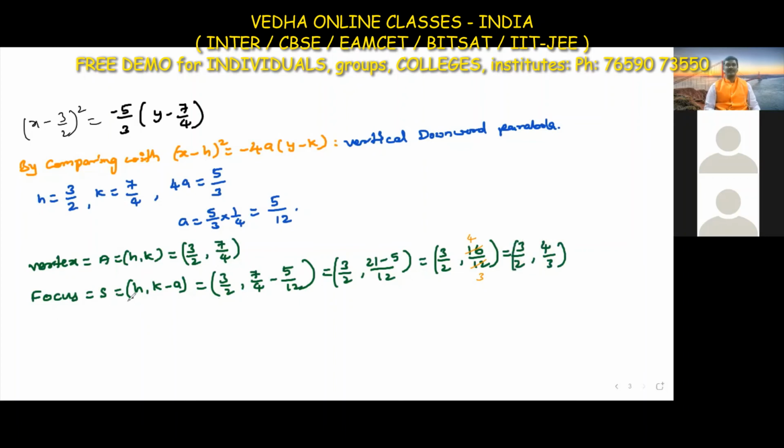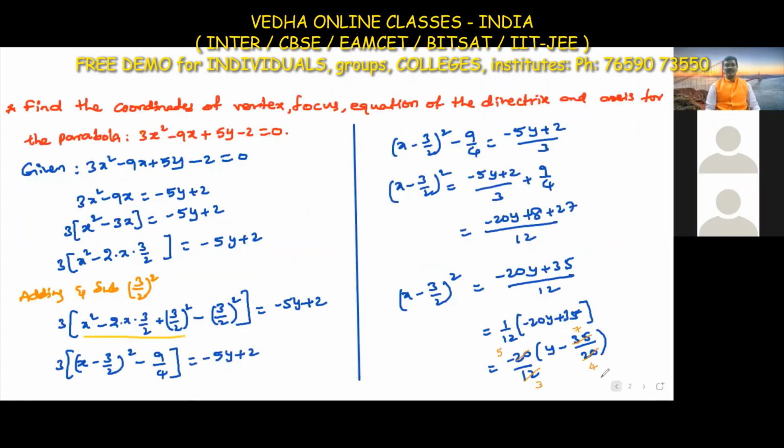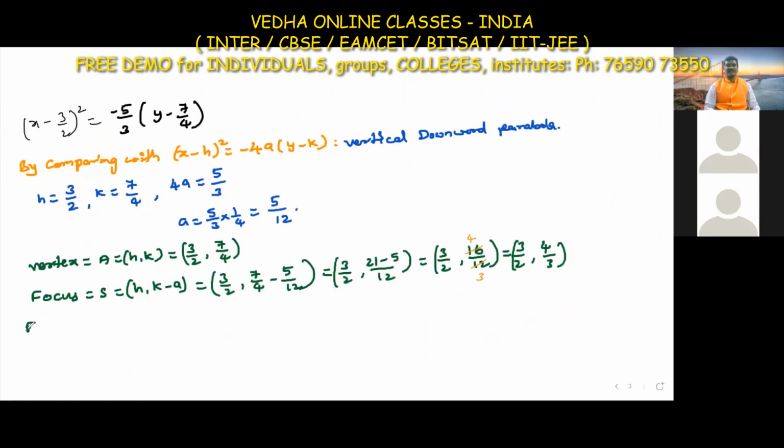After the focus, he is asking the equation of the directrix. Tell me, anybody first, the equation of the directrix. y is equal to k minus a, I mean k plus a.